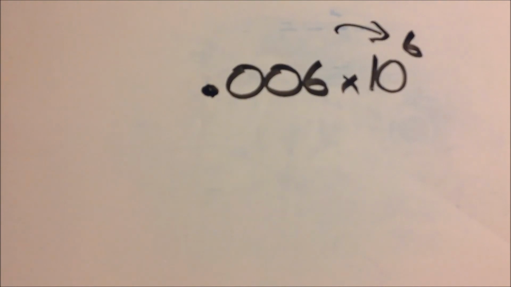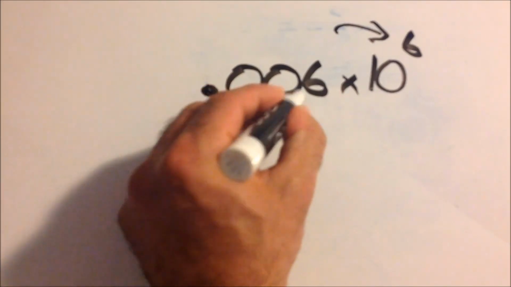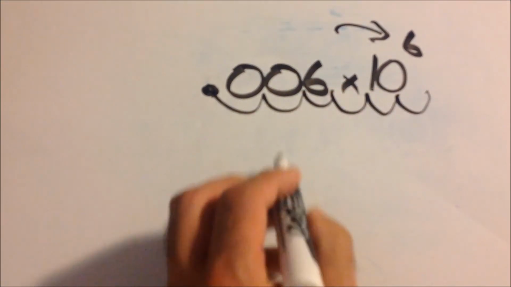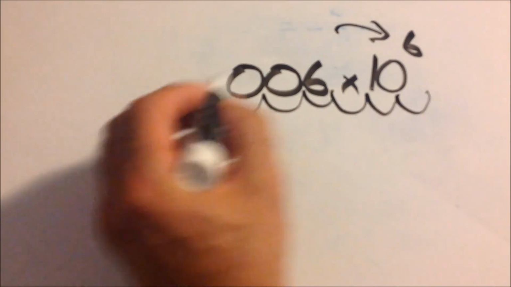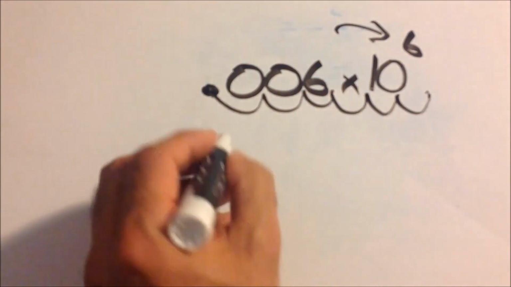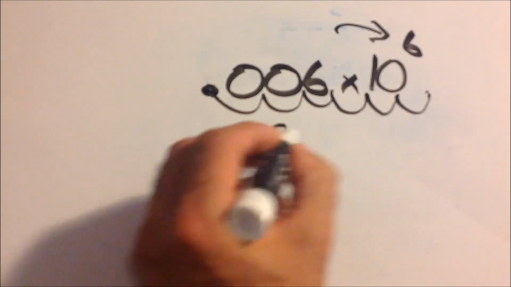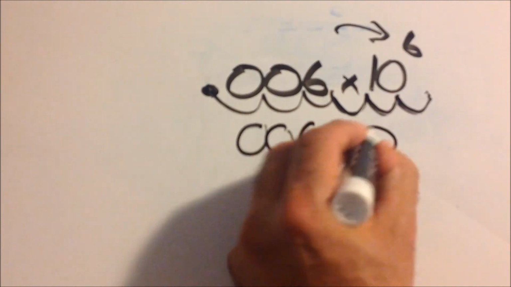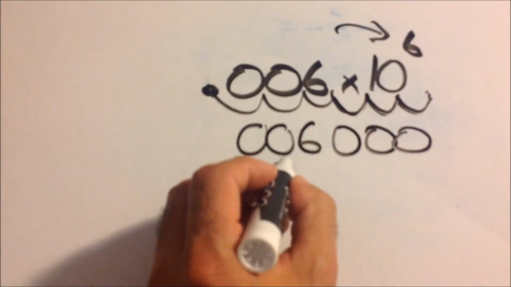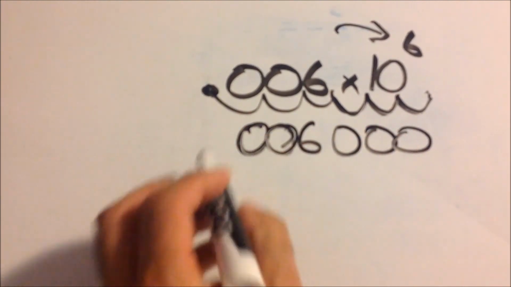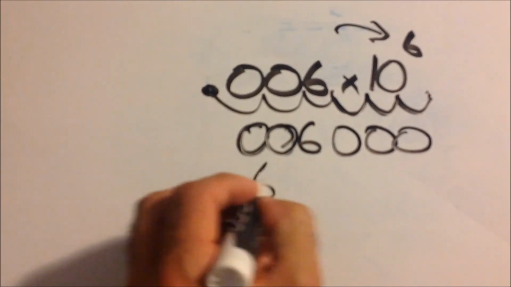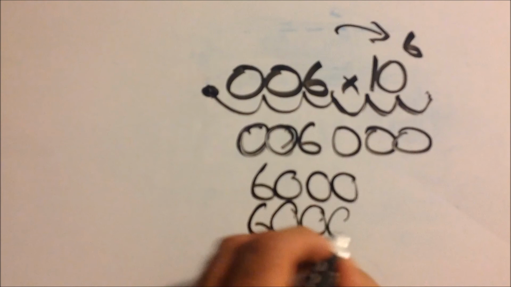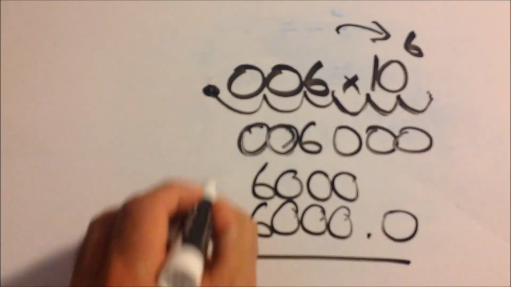See how the exponent helps us? 1, 2, 3, 4, 5, 6. Now we took the decimal here, and it's right there. So now we have 006, and these waves must be filled. We'll fill them with zeros. Now, these 2 zeros on the end, we don't need them anymore. So it's just 6,000. Or 6,000.0.